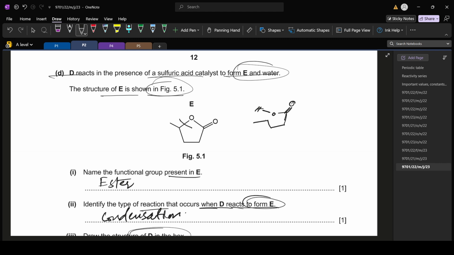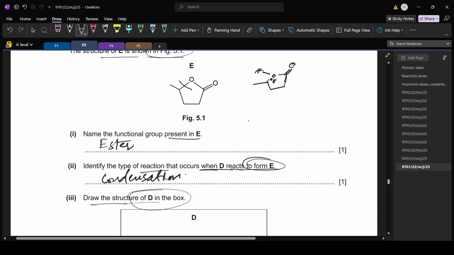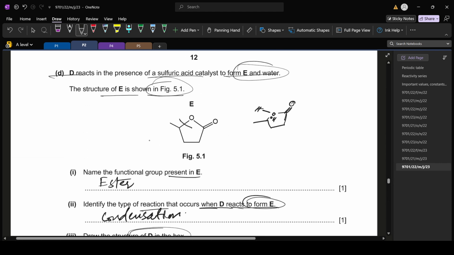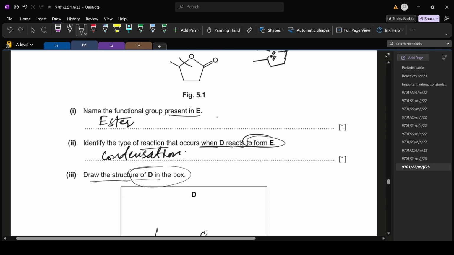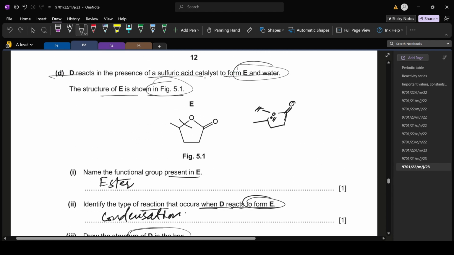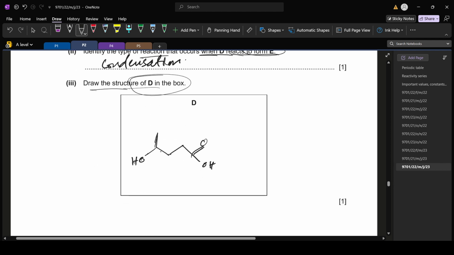And if I attach another OH group, this is your structure of D. Now let's rearrange the structure, like this. That's your OH. So this is your structure of D. When D reacts with sulfuric acid, it will form the ester E.